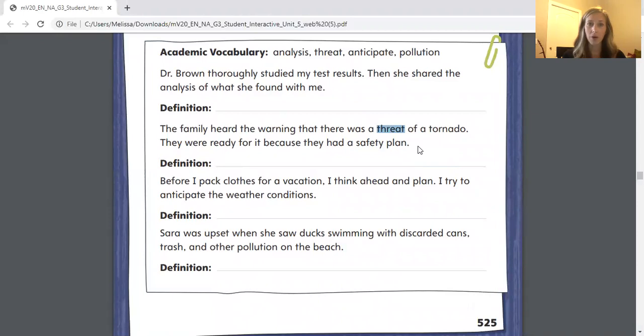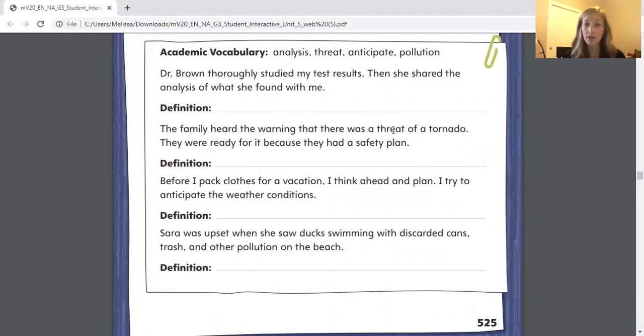And we're given a clue about what that word means with warning. So highlight warning. Warning is our context clue. And our definition should say something that might cause harm or danger.